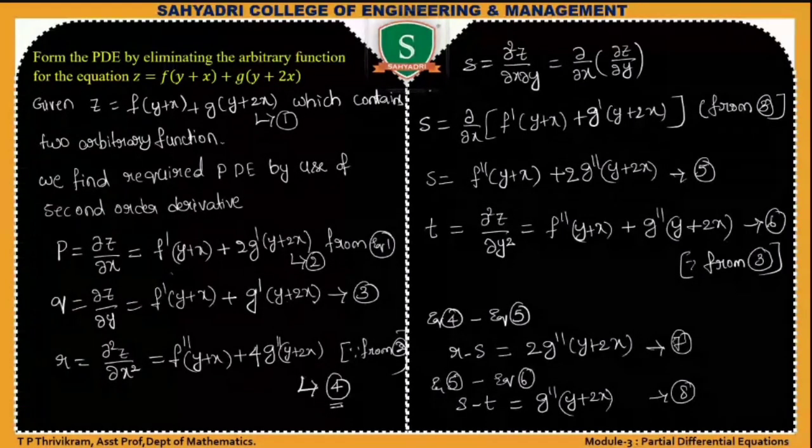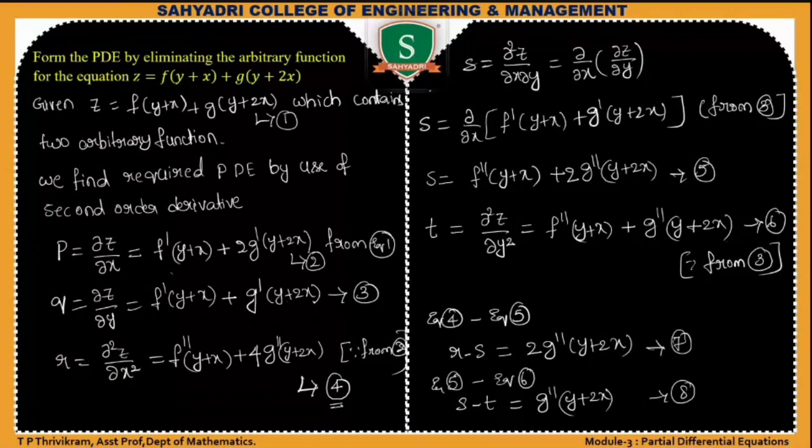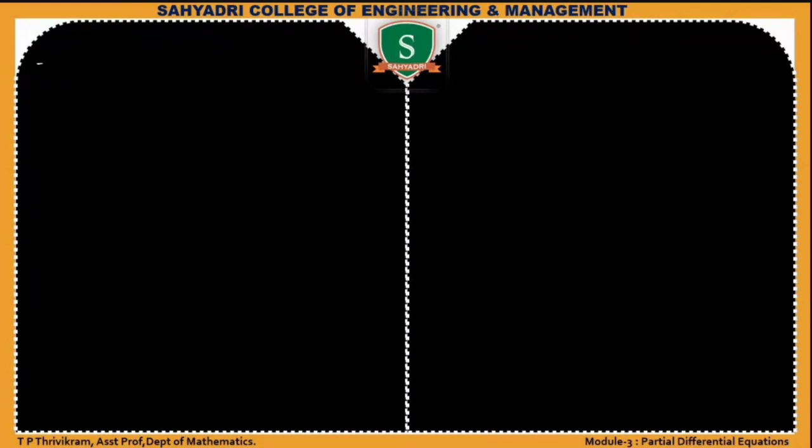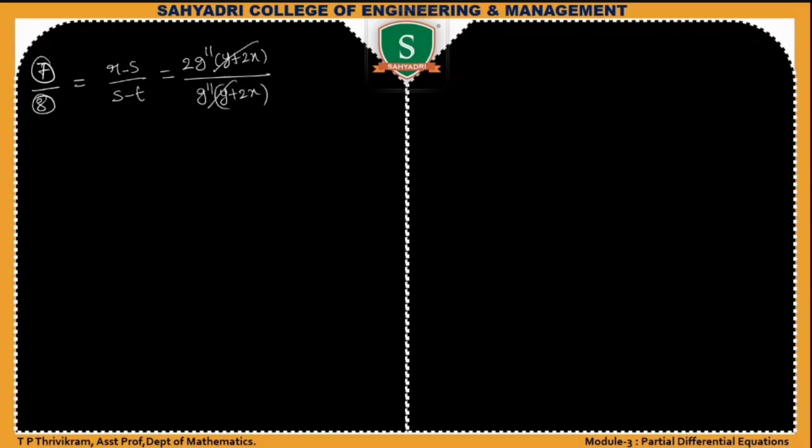Yes, sir, 7 by 8. So we divide 7 by 8: r minus s divided by s minus t is equal to 2g double dash of y plus 2x divided by g double dash of y plus 2x. So this g gets cancelled. r minus s is equal to 2 into s minus t.